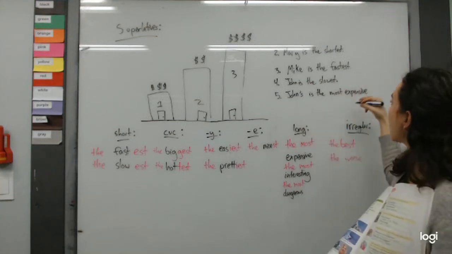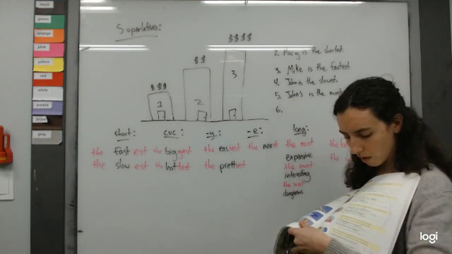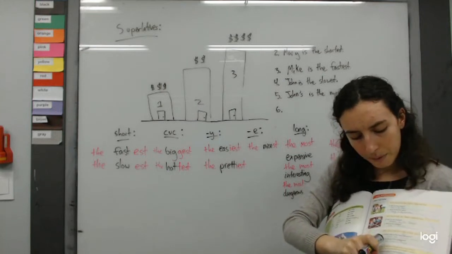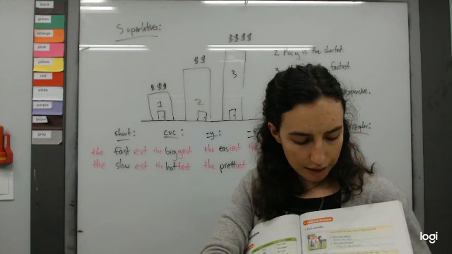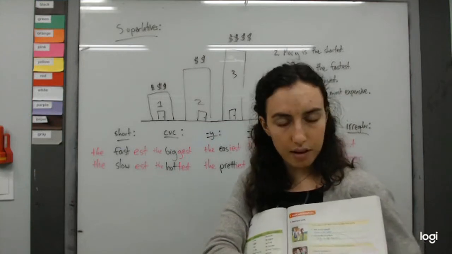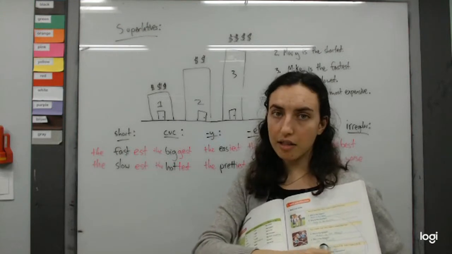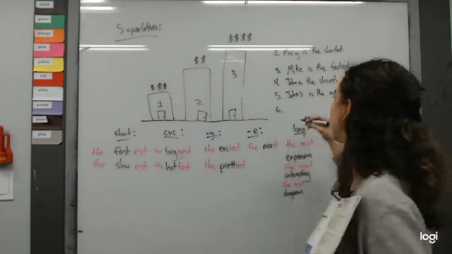So I wrote John's is the most expensive. Okay, number 6. Whose bike is the cheapest? So we see $100, $150, and $170. $100 is the cheapest price, so we can say Mike's bike is the cheapest.